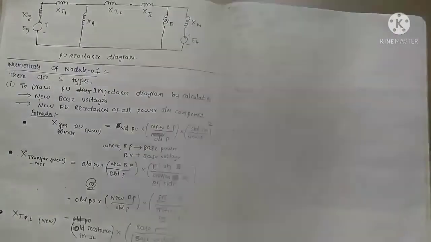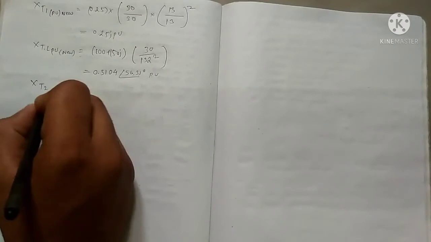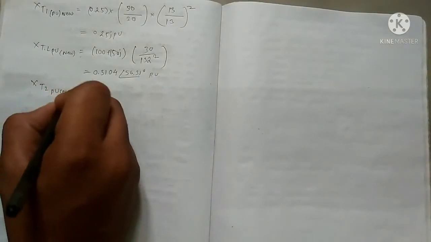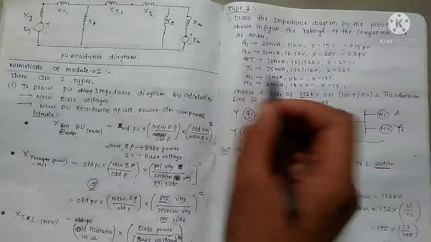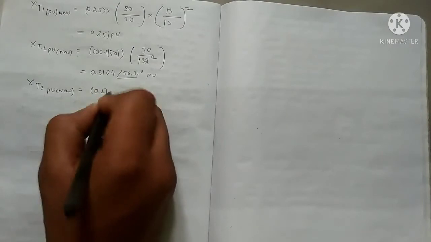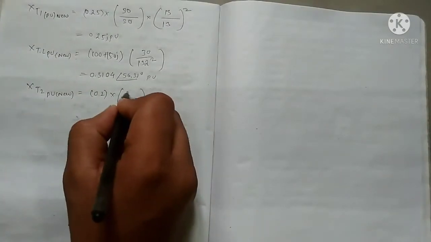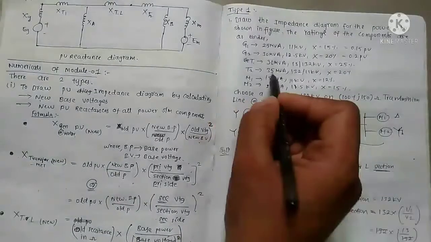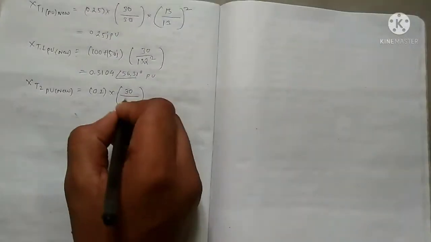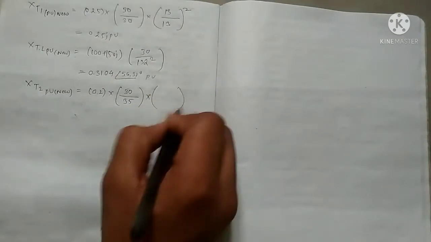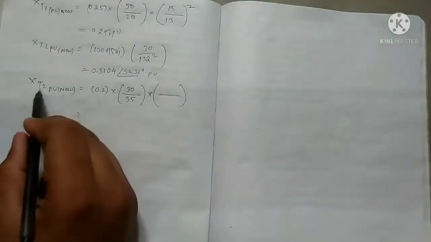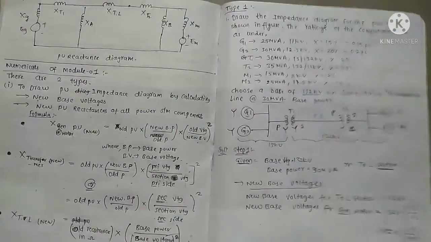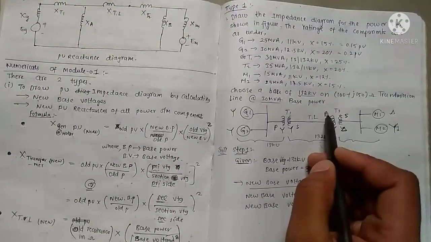Now let us calculate for T2. T2 pu new is equal to old pu of T2. Old pu of T2 is 20%, that is 0.2, multiplied by new power divided by old power of T2. Old power of T2 is 35 MVA, multiplied by voltage. Since this is a transformer, take the primary side voltage.